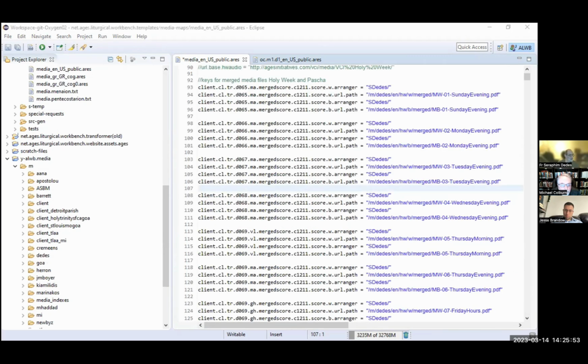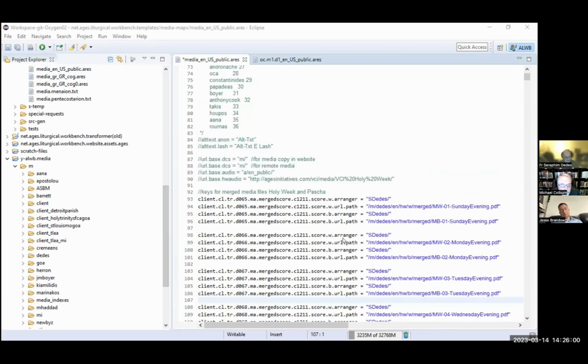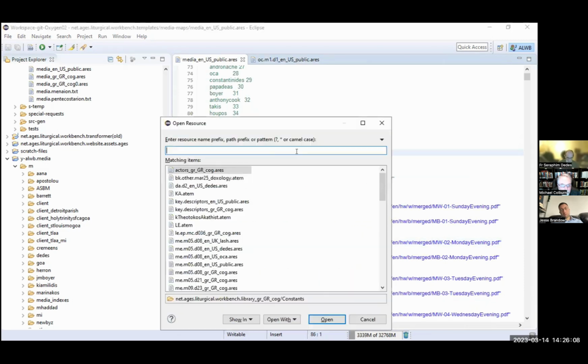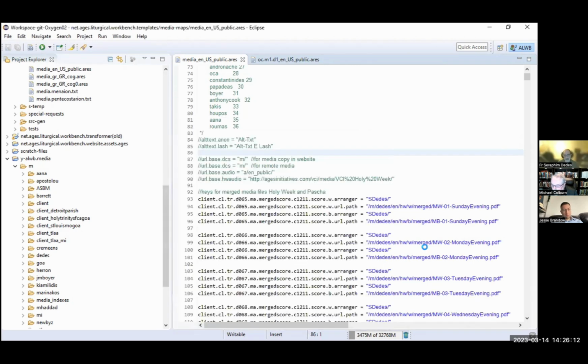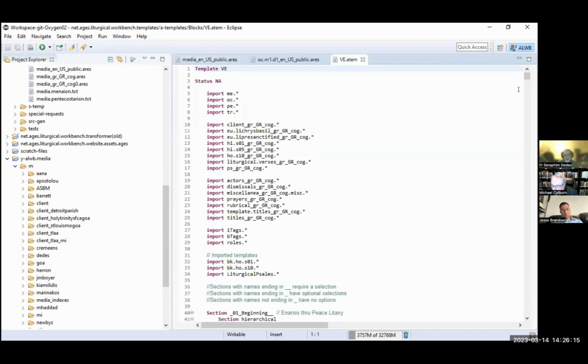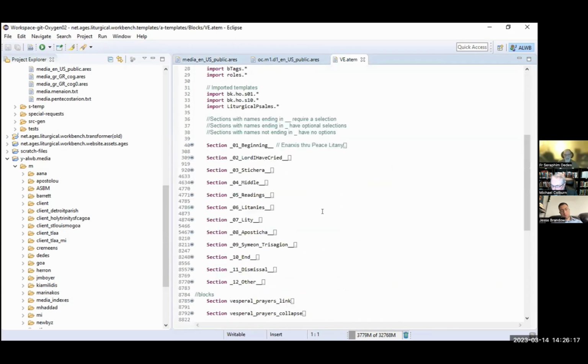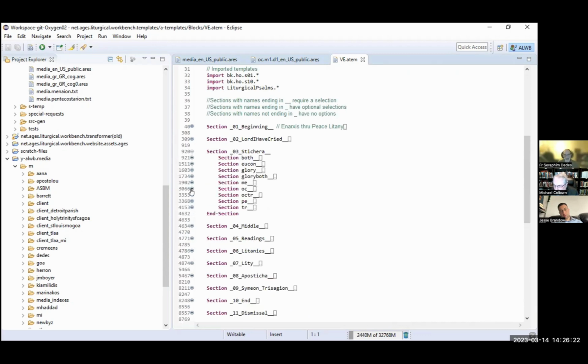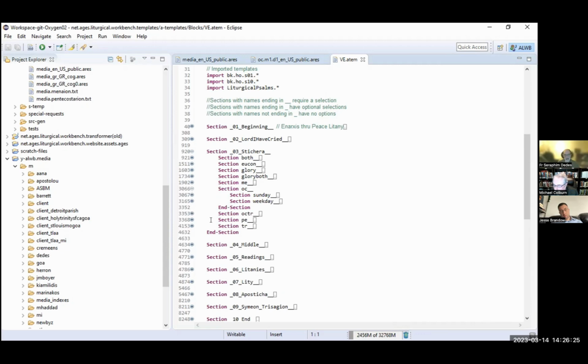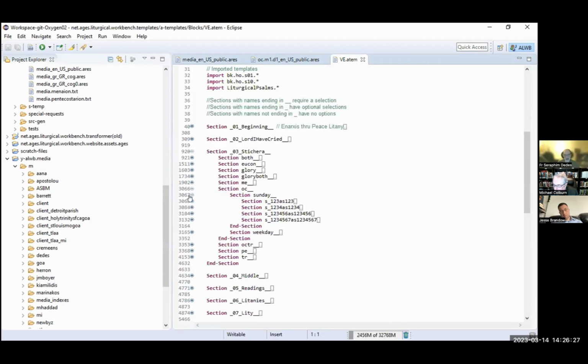So let's see. Now let's look at a template to see how that relates. So now we're going to open. Now here we're in the Vespers blocks, and we're going to the Octoechos.